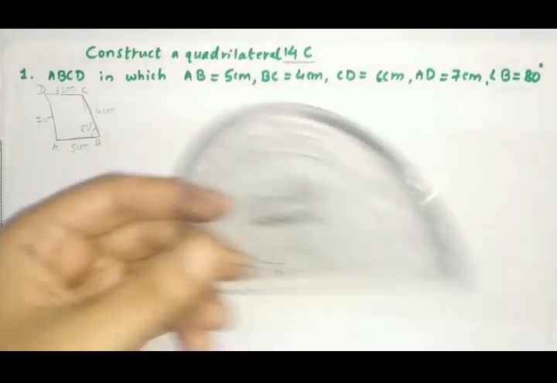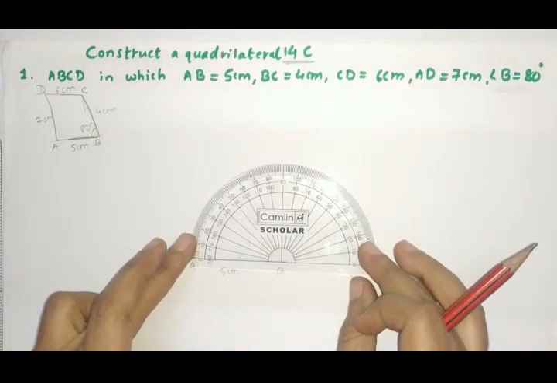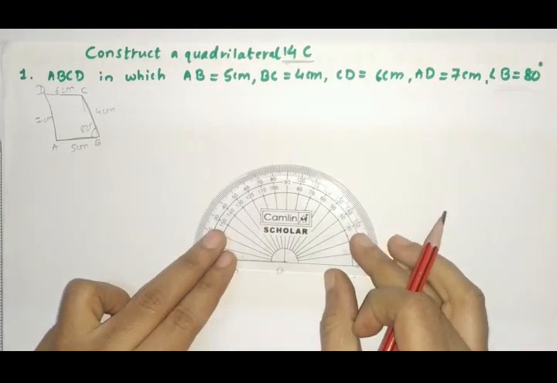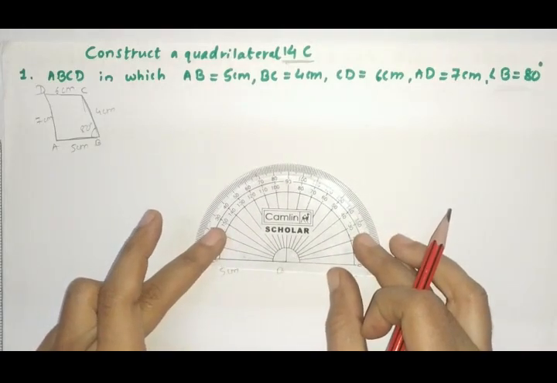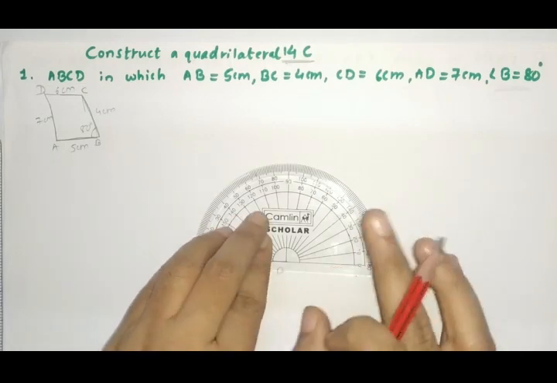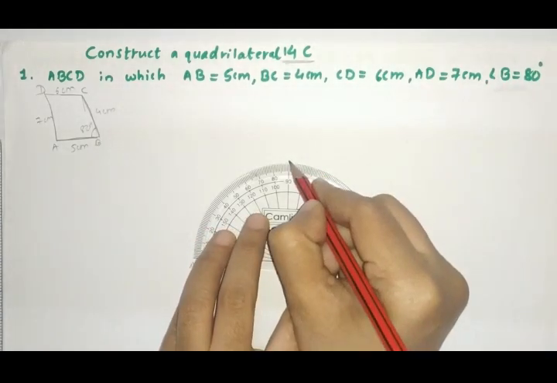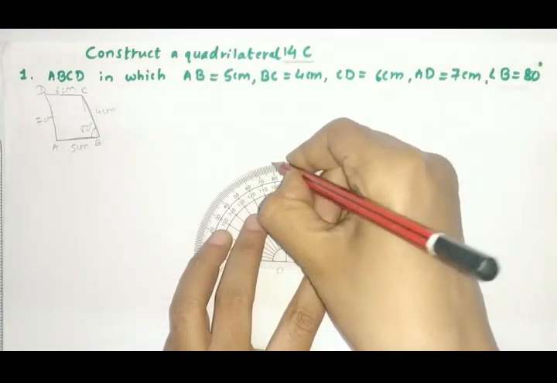So take a protractor and measure it. This is point B. So at B you keep it. Some angles you can draw with the help of a compass, or otherwise you can use the protractor. So 80 degree, this is exactly 90 degree. Less than 90 is an acute angle. So this is 80 degree. I'll mark here 80.